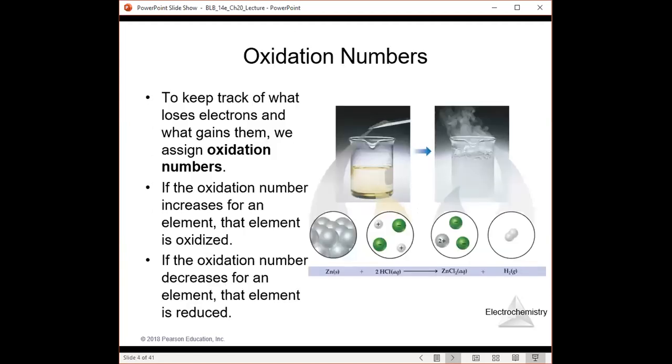Now, you have to keep track of what loses electrons and what gains electrons, so you have to assign what we call oxidation numbers. If the oxidation number increases for an element, the element is oxidized. If the oxidation number decreases for an element, the element is being reduced.